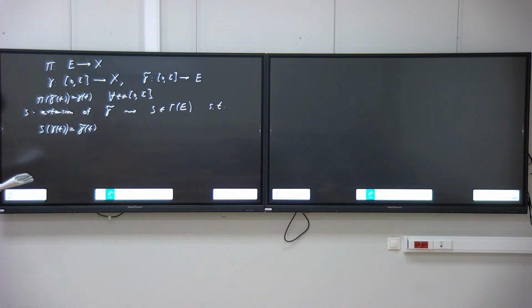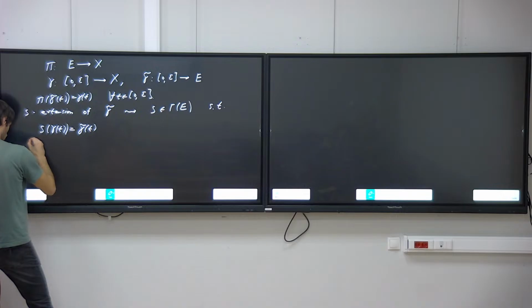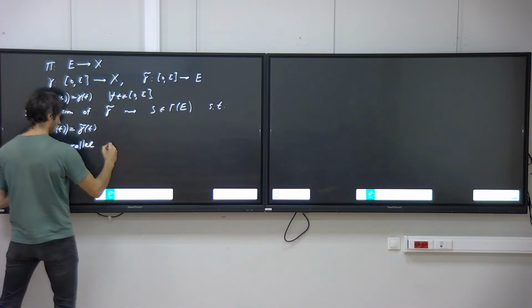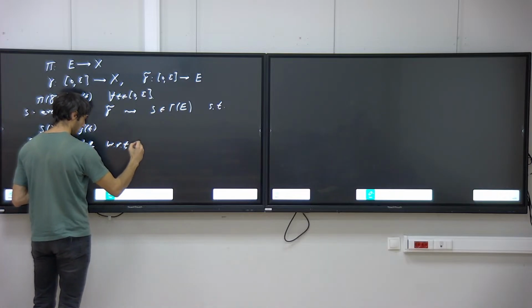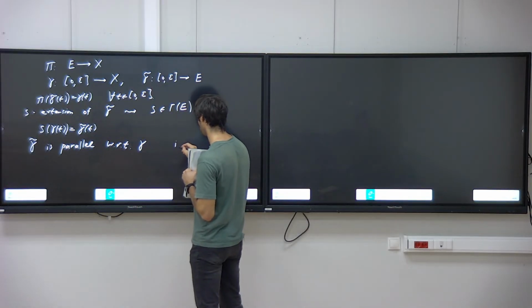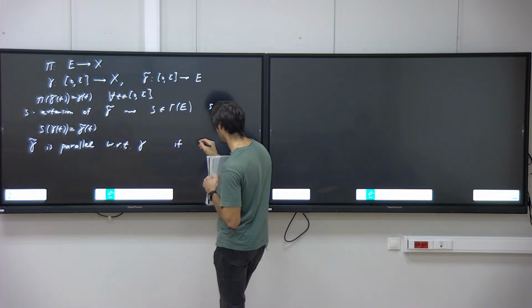And then we said that gamma tilde is called parallel with respect to gamma if this happens.